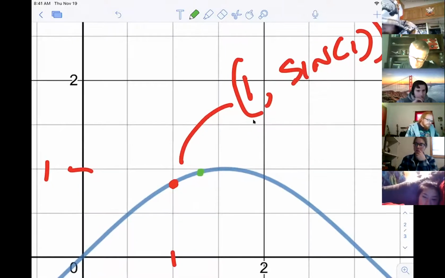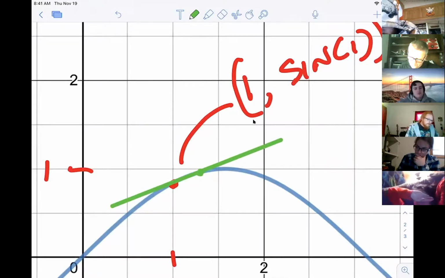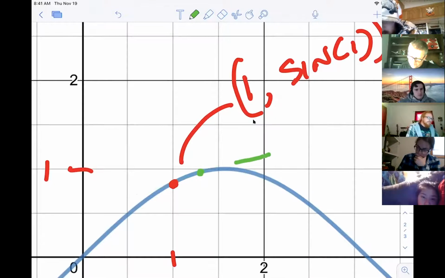So again, like last time, what I'm after is, well, this tangent line. Yeah, I don't like that one. I'd like to kind of make it be a little worse on purpose if I could. Yeah, I like that.